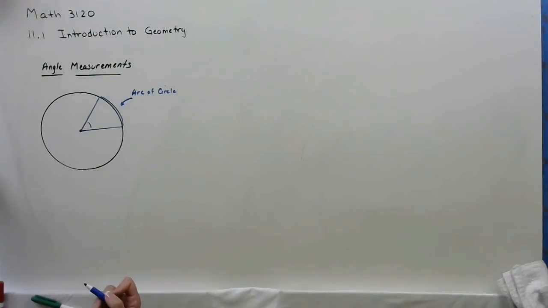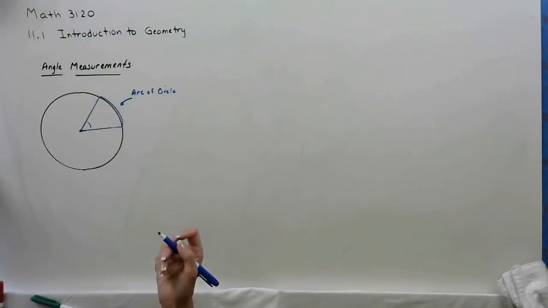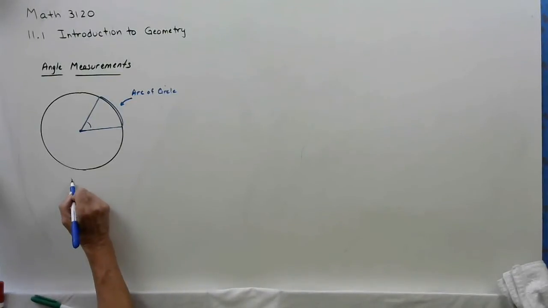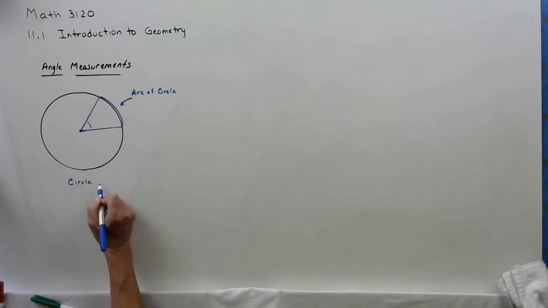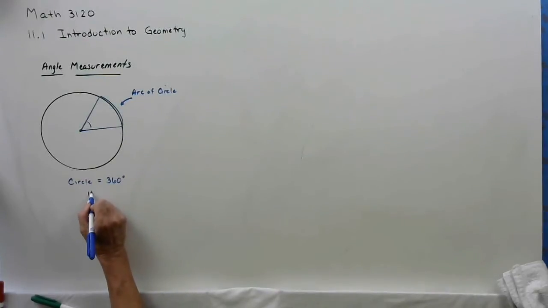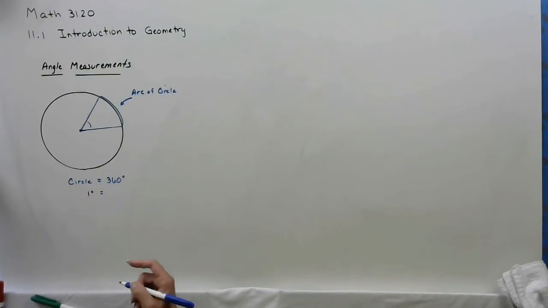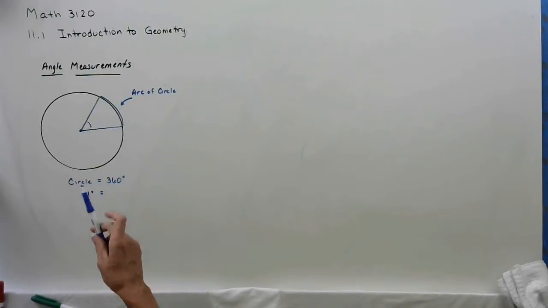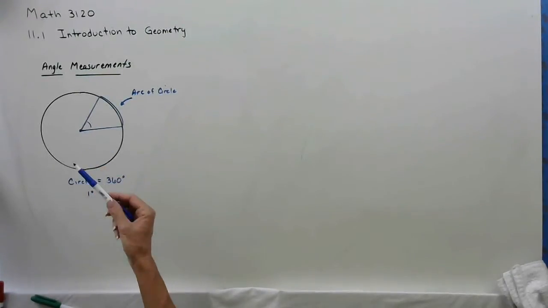Okay. Now you all probably are very familiar with the fact that a circle has 360 degrees. So let's talk about that. Every circle is equivalent to 360 degrees from the central angle, going all the way around once. 1 degree, so if I only want 1 degree, I would have to divide this circle into 360 pieces.